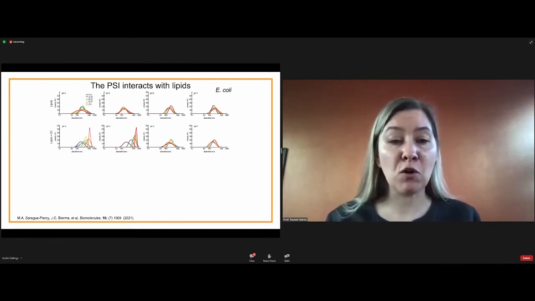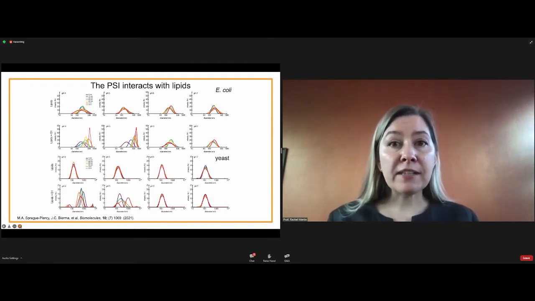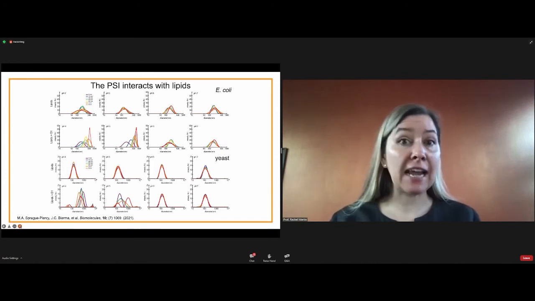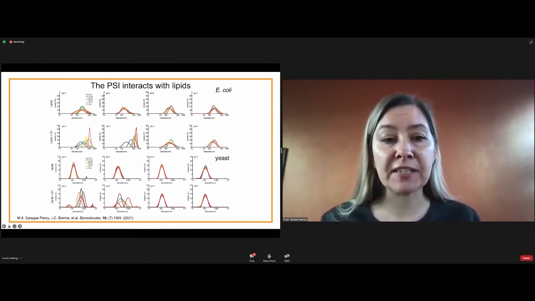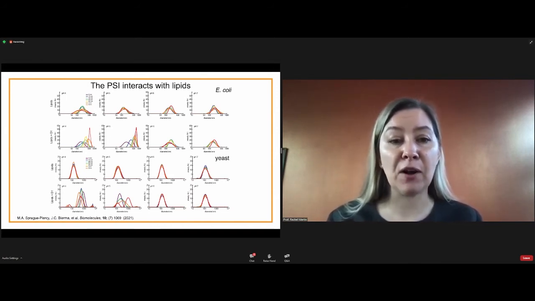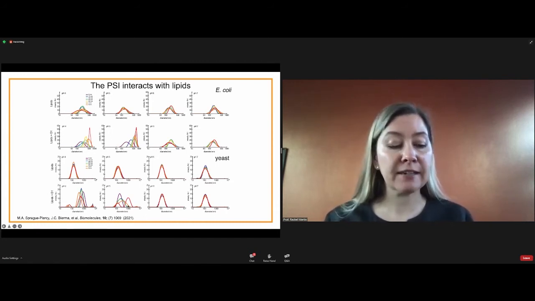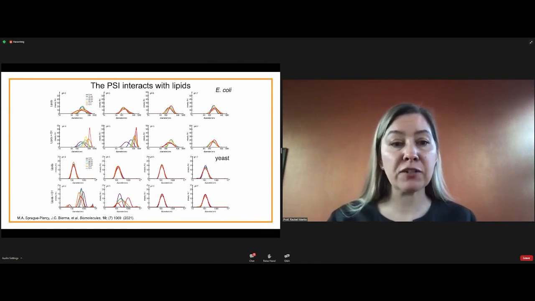So it's active in the pH range that we expect. And we did the same thing with yeast lipids. So we're looking at bacterial membranes and fungal membranes. And the same thing happens with yeast. In a way, it's even more dramatic because the yeast membrane vesicles stay together better on their own. And then we get a lot of disruption when we introduce the PSI at low pH.